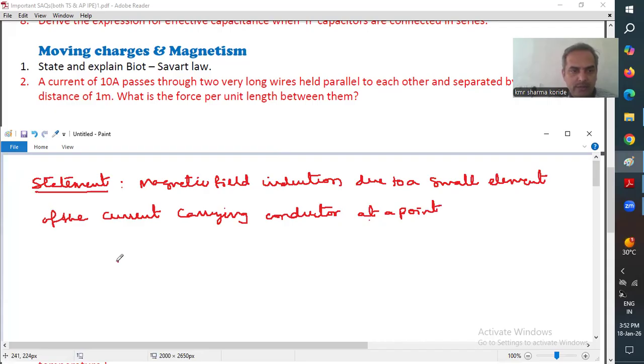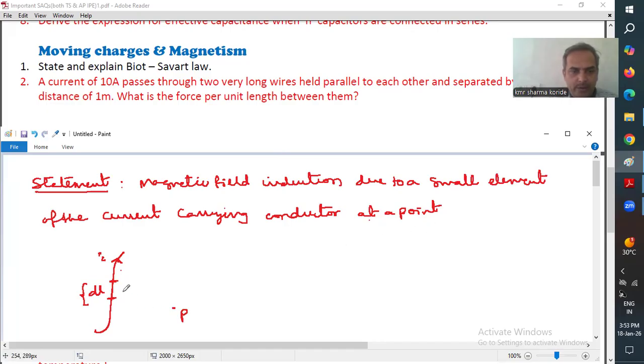So you have to understand it like this. Let us say this is the current carrying conductor. Let us say this is a portion of length dl. Throughout the total length you are choosing a small element whose length is dl. The total conductor as well as this element are carrying current I. Now you are choosing a point P here.